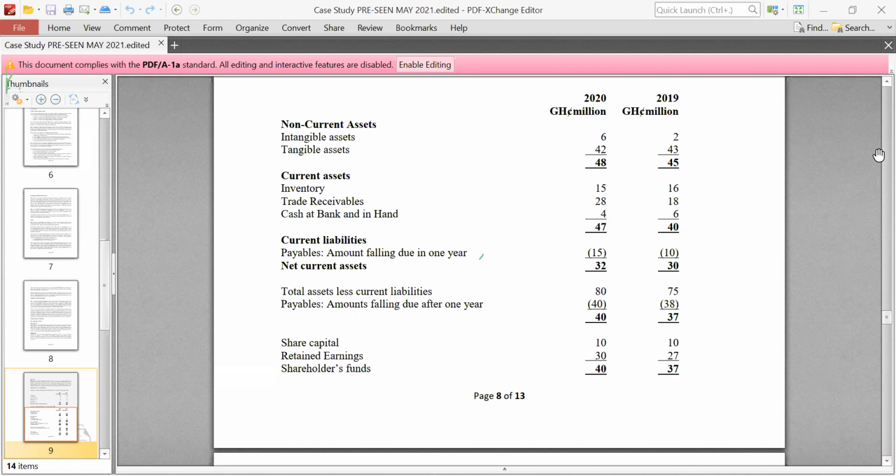They have a subsidiary there. I don't want to go into goodwill calculations.